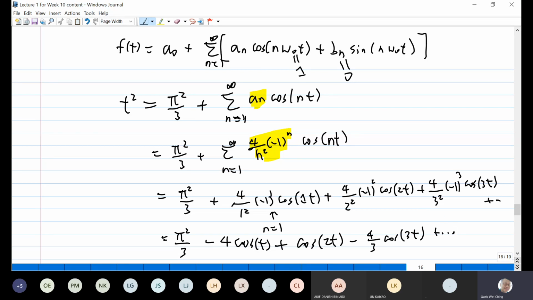You can see one pattern: note that the an is always decreasing. That means the absolute value of a1 must be greater than the absolute value of a2, which must be greater than the absolute value of a3. See the value getting smaller and smaller.